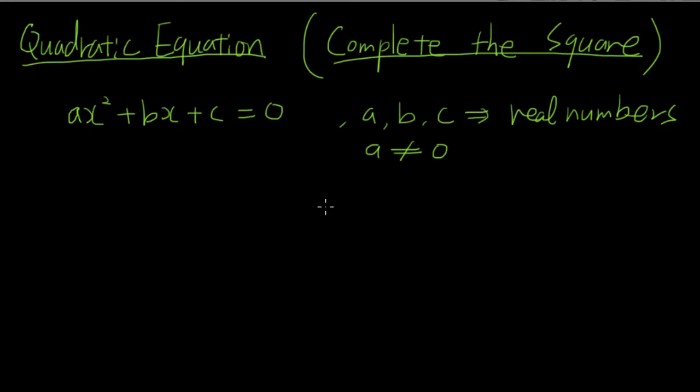If a is equal to 0, then we do not have the first term, then that's a problem, right? So we are trying to solve quadratic equations, and we talked about why it has possibly two solutions in our previous lecture.